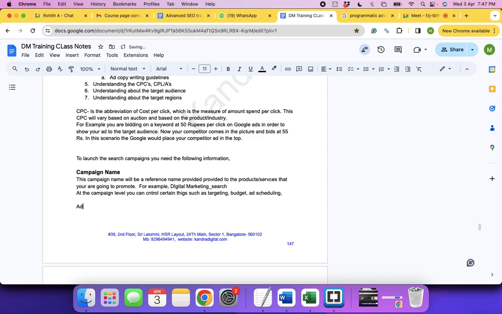ad group. Ad group is the group name for the set of keywords and ad copies pertaining to a product or service.